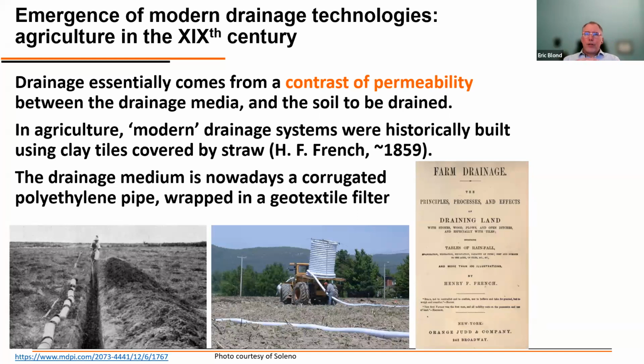A gentleman named French published a paper where he described how water can be removed from fields and how that is going to improve crop production. He defined that the drainage efficiency is based on the contrast of permeability between the drainage media, which must offer a much higher flow capacity, and the soil to be drained. So that's really how things have been done.